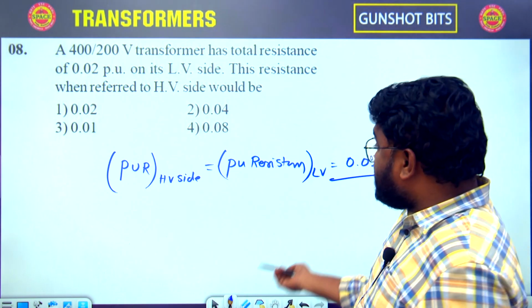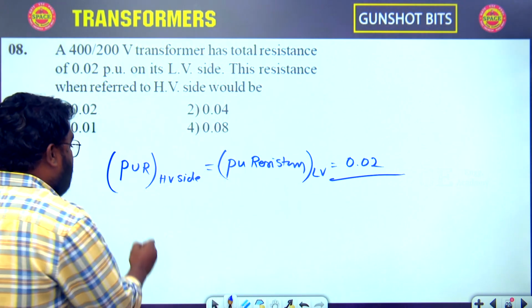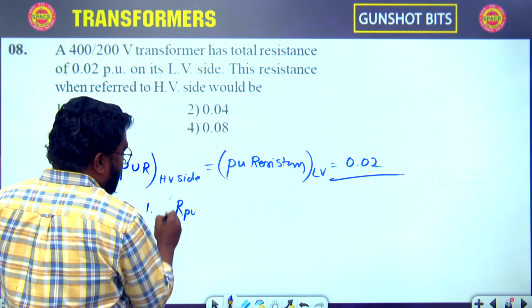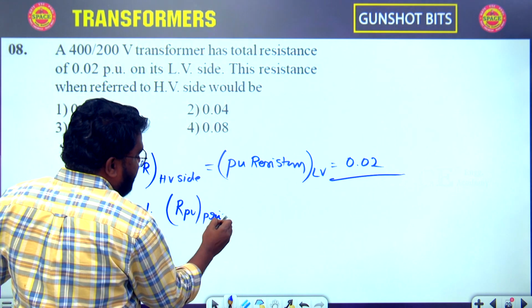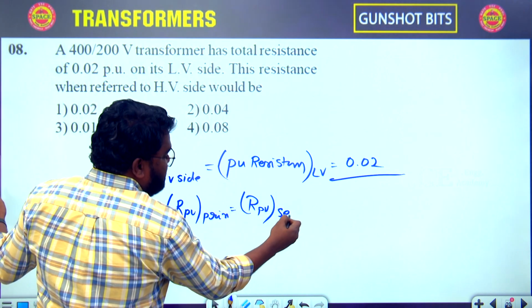So the per unit resistance of the transformer referred to the primary side is equal to the per unit resistance referred to the secondary side.